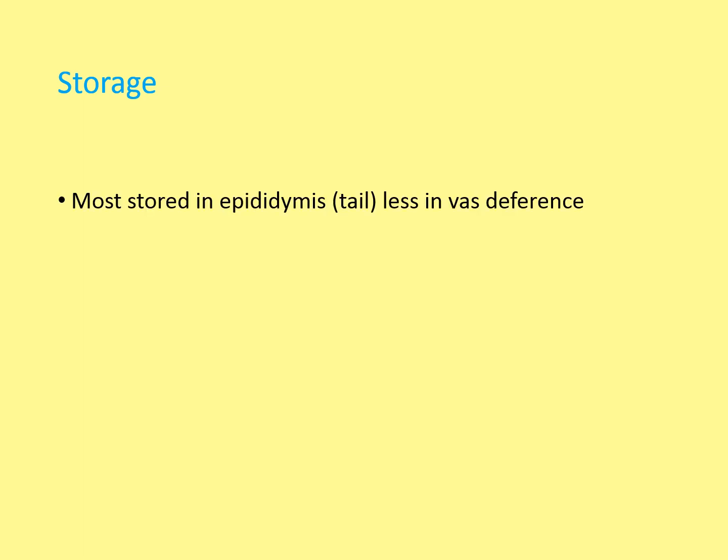Storage: most of the sperm are stored in the epididymis, mainly in the tail region. Very little is stored in the vas deferens. This stored sperm maintains fertility up to 1 month, and during ejaculation the secretion from the Sertoli cell or the epididymis provides some nutrition.